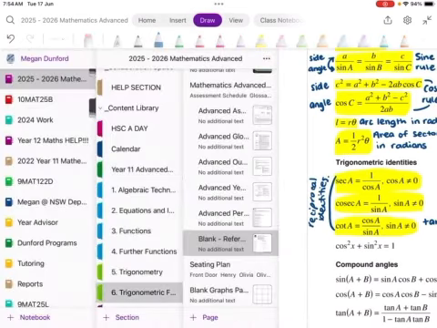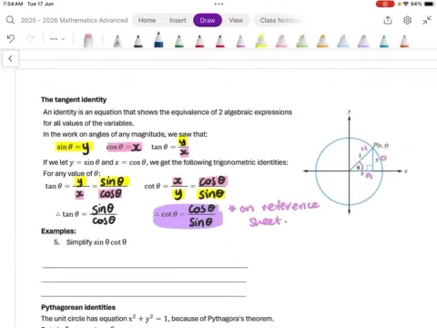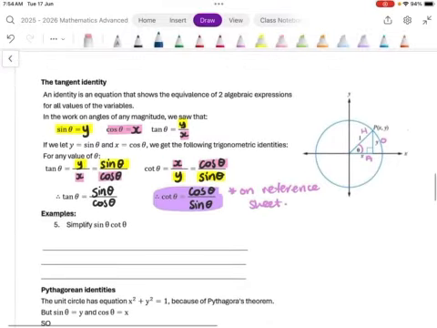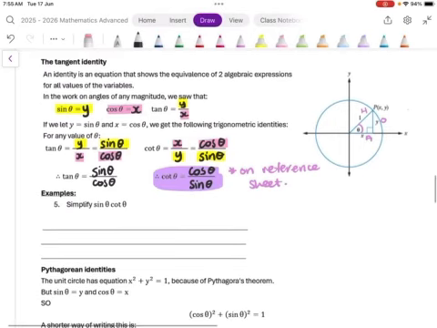Okay, so flipping back, we have one more example to do before you guys have a go at some questions. All we want to do is we want to simplify sine theta times cot theta. So what we have is sine theta is multiplied by cot theta, and what we want to do is we want to replace cot theta to be in terms of sine and cos.